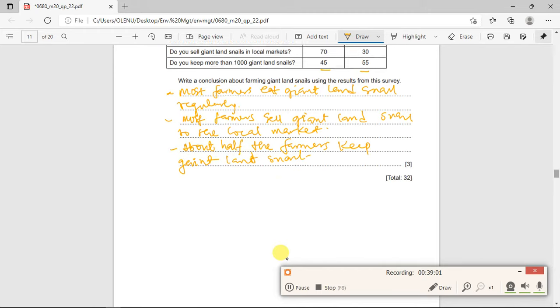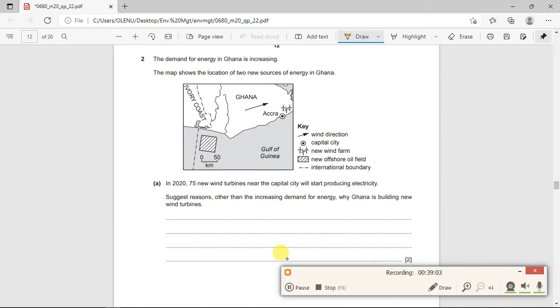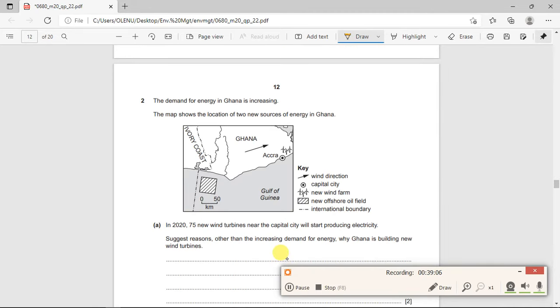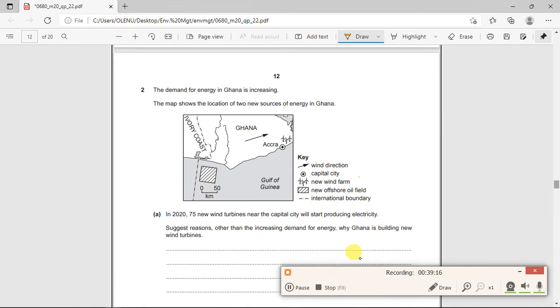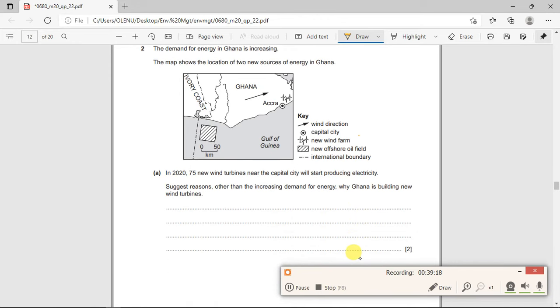That's it. Now, number 2, the second question here: the demand for energy in Ghana is increasing.